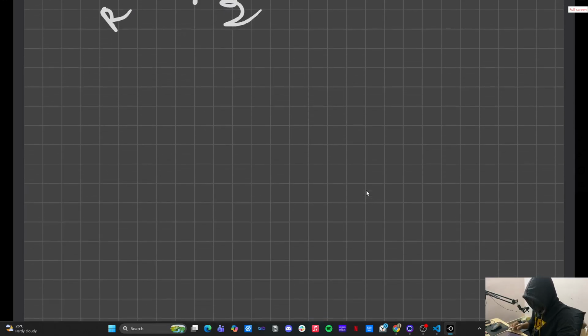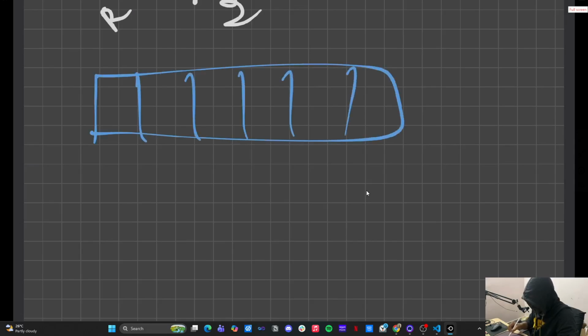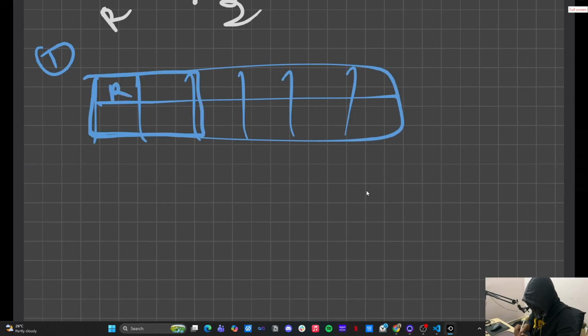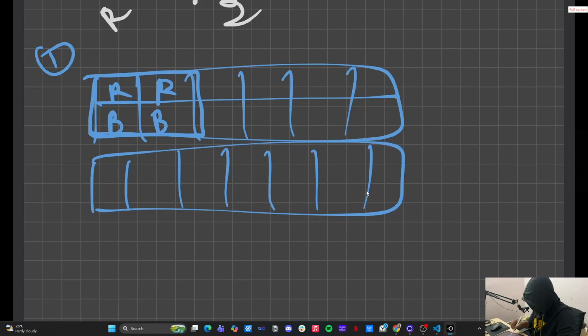The first case is, if in this cell you have it this way, these two are the same and these two are the same, or you may have it this way also, right? It's like you have the same here.